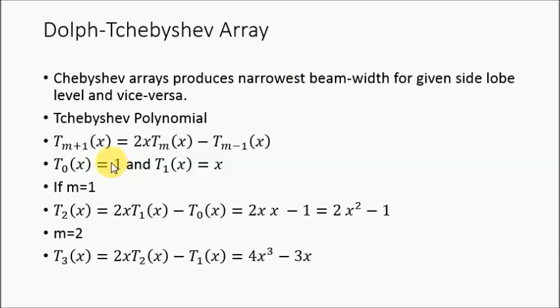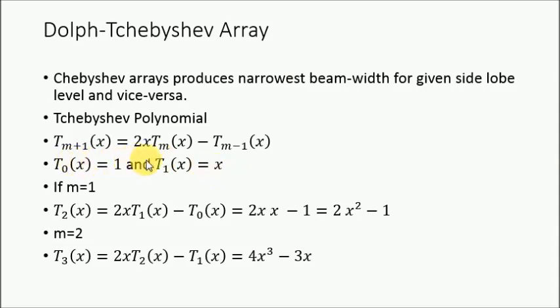So T0(x) is always 1, because cos 0 is 1, and T1(x) is equal to x. For T1(x), if you put m equal to 1 in cos(m delta), it becomes cos of delta, and we assume that cos of delta is nothing but x.